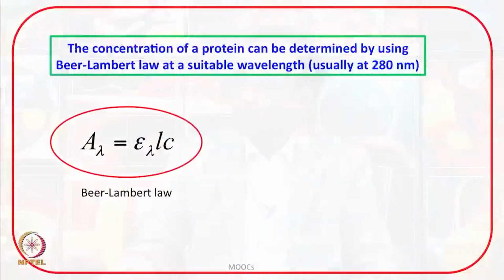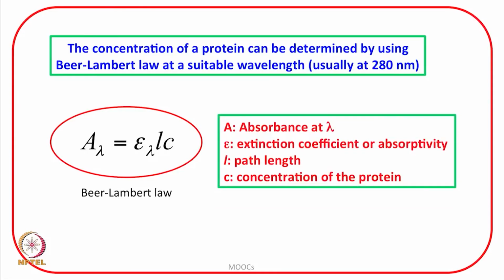What is that Beer-Lambert law? Let us take a look at this slide. According to Beer-Lambert's law, A lambda is equal to epsilon lambda into L times C. What is the meaning of each term? A is absorbance at wavelength lambda, epsilon is the extinction coefficient at that wavelength. It is also called absorptivity.